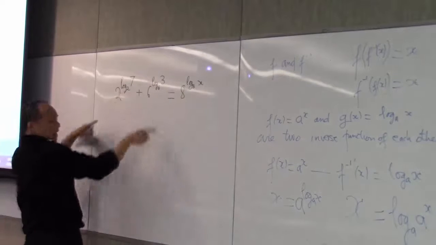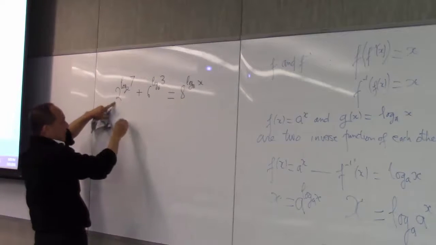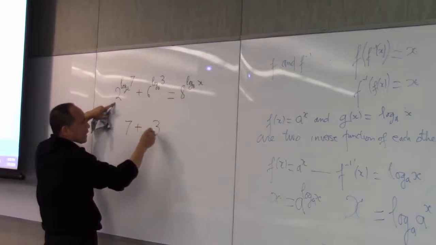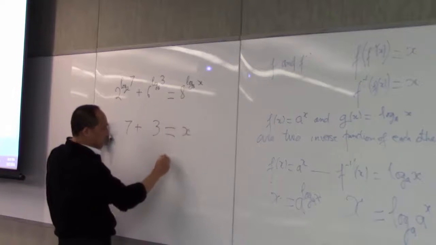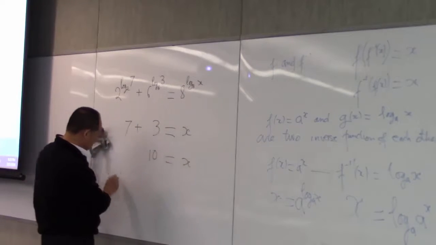Now you see that here, using this property, that is 7, that is 3, equal x, so x equals 10. Okay, answer.